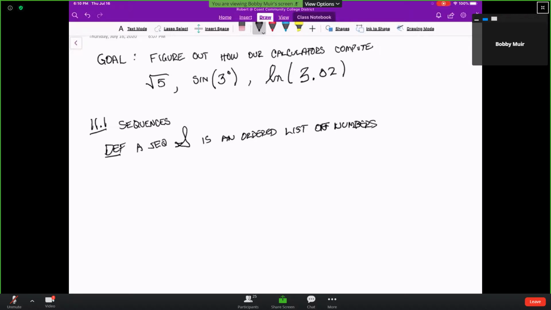Now this list can be finite or it could be infinite.